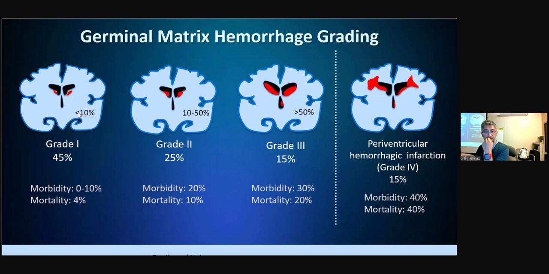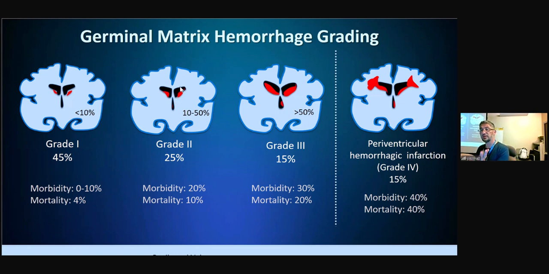Grade 1, grade 2, grade 3, they are the same in Papile and Volpe. There is hemorrhage within the caudothalamic groove, does not extend into the ventricle. In Papile, a little bit can extend into the ventricle, less than 10% of the lateral ventricle size. But they are still grade 1.